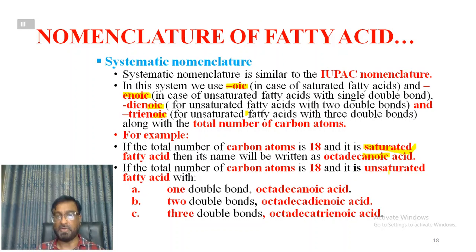Anoic and enoic. So if it is an 18 carbon saturated fatty acid, that will be called octadecanoic acid. If the total number of carbon atoms is 18 and it is an unsaturated fatty acid with one double bond, that will be called octadecenoic acid. Octadeca for 18, one double bond, enoic acid.